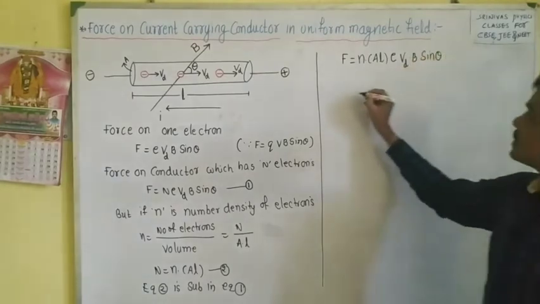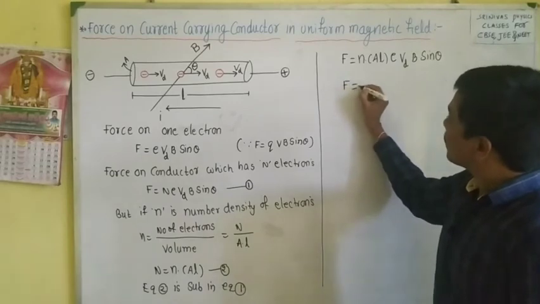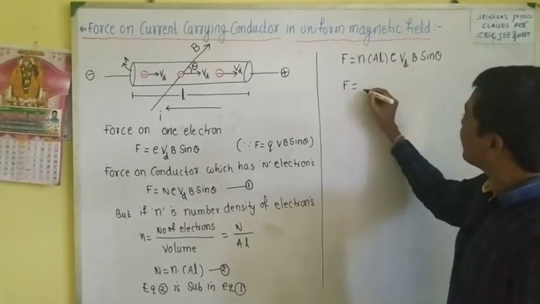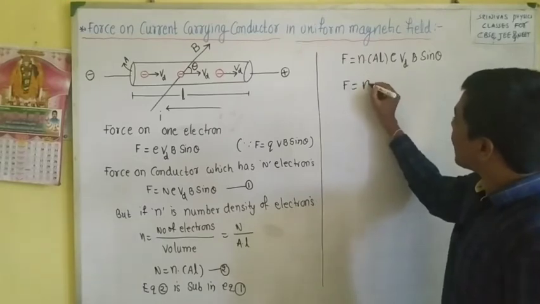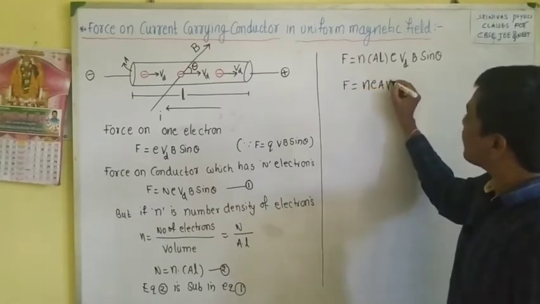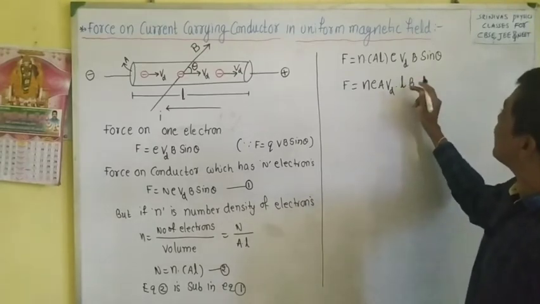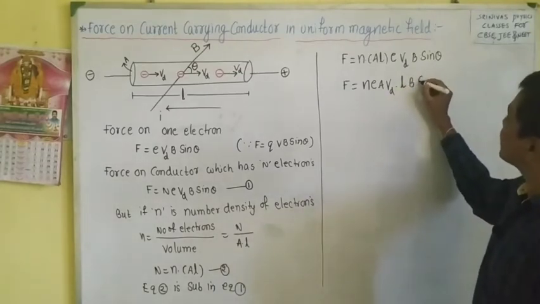We rearrange this. We write n e A Vd at one place, and the remaining is L B sin theta.